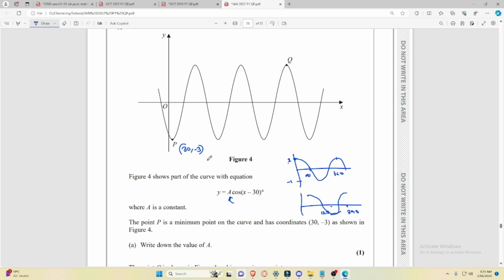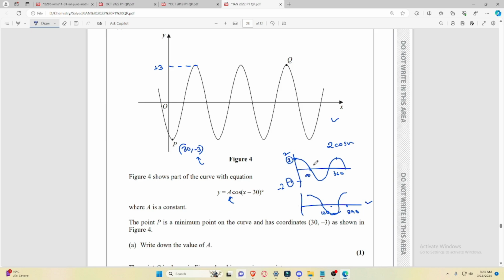But the problem here is, look, this graph and this graph, they are not matching. You are seeing a complete opposite graph. It got flipped. So if a graph gets flipped, it means that it is multiplied with a negative number. See, it went to a minimum of -3. That means surely it went to a maximum of +3. If you multiply, let's say 2 cos x, then this point would be 2, this point would be -2.